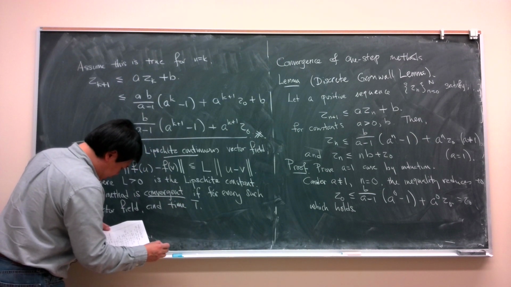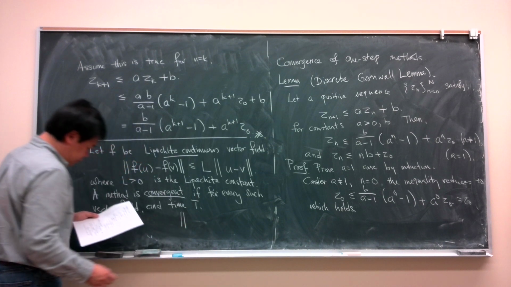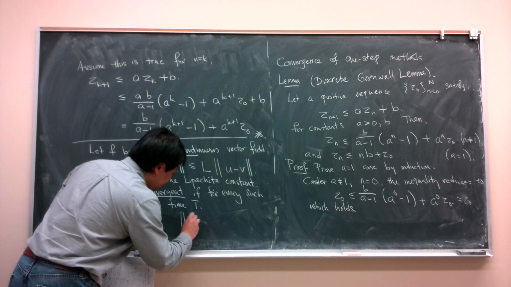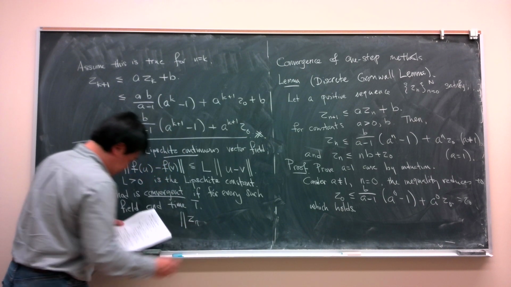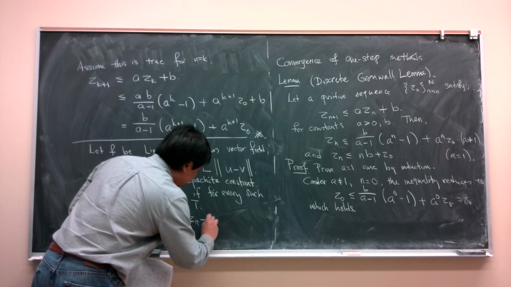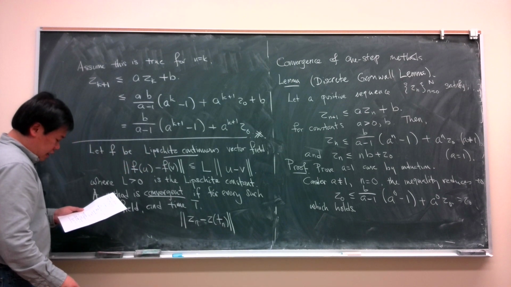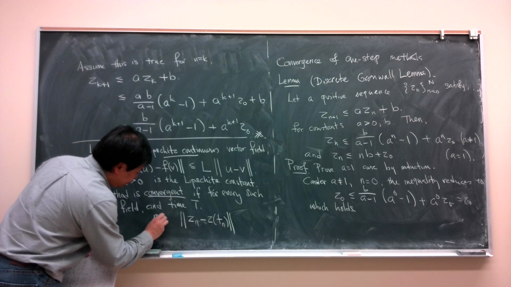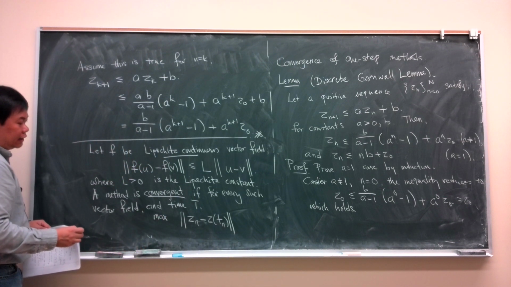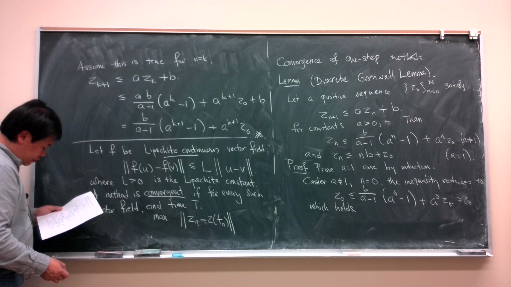Then you can look at the error between the numerical solution, Zn, and the exact solution, Z at Tn. And I want to take the max error you're making, so this is like a little L infinity error.